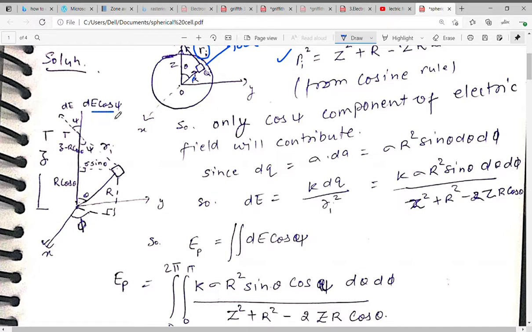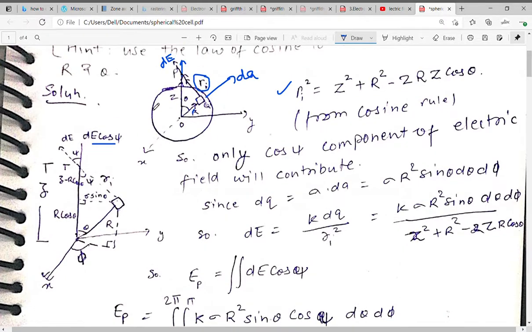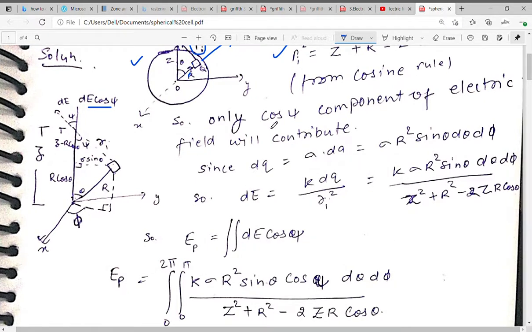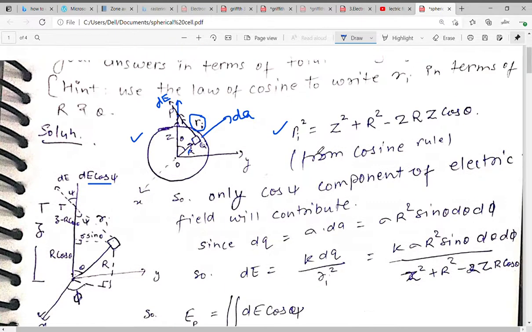This is the dE cos psi which will remain, and the sine component will cancel out due to the symmetry of this spherical charge. So only the cos psi component of the electric field will contribute.